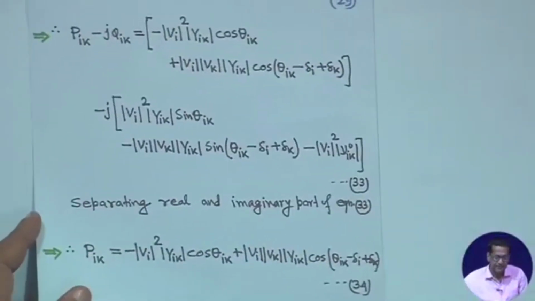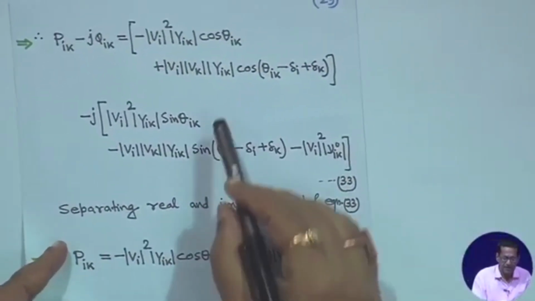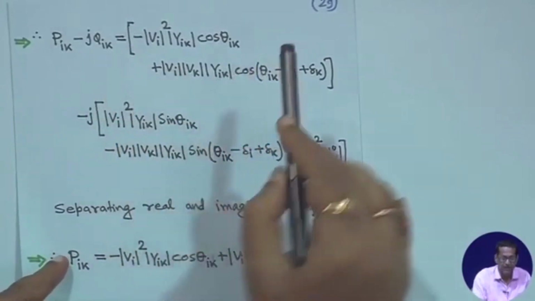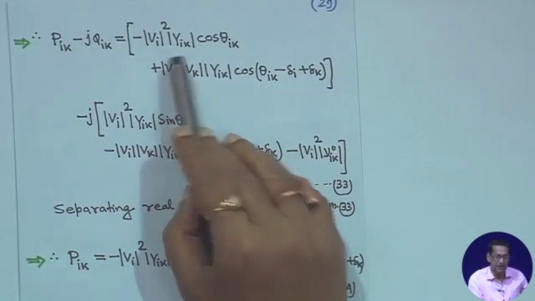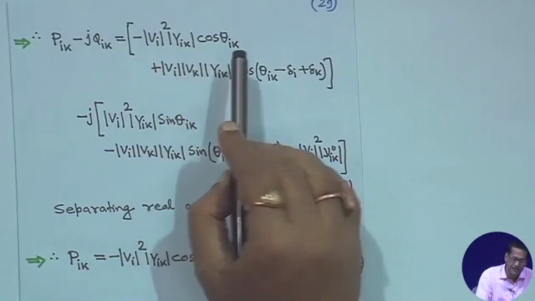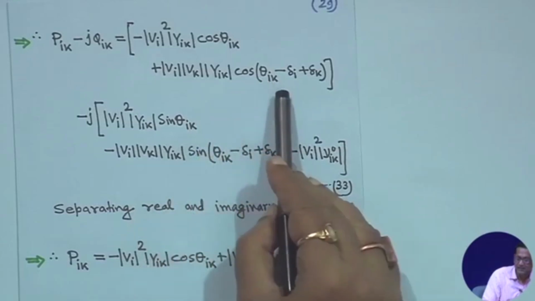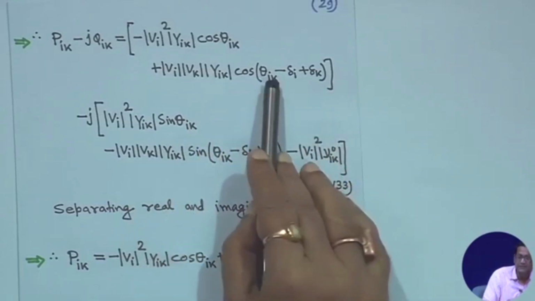That means, if you substitute and make it like this, P_ik minus jQ_ik, the real part will become minus |V_i| square |y_ik| cos theta_ik plus |V_i||V_k||y_ik| cos(theta_ik minus delta_i plus delta_k). This is the real part.